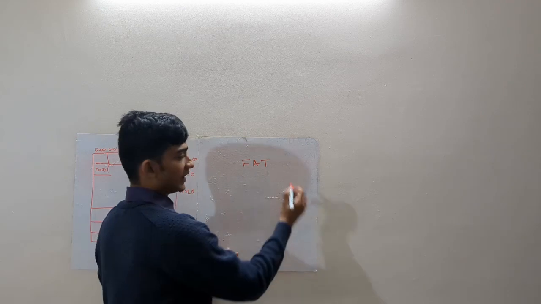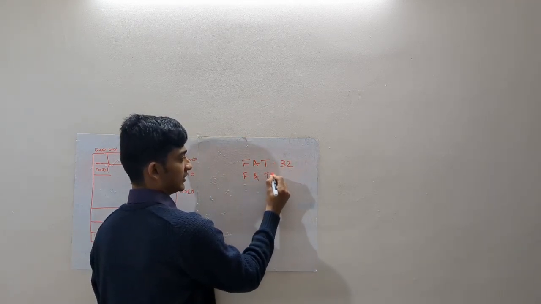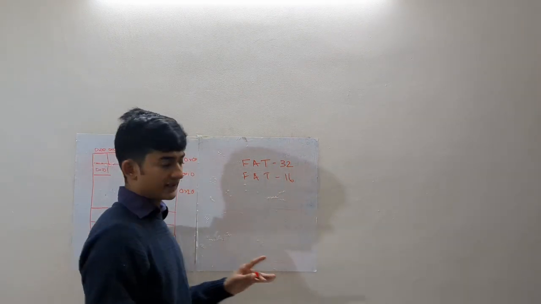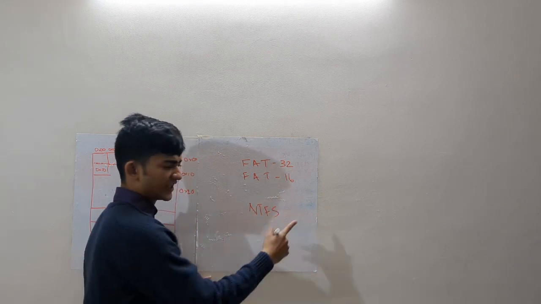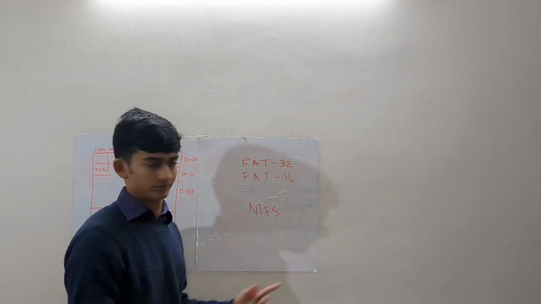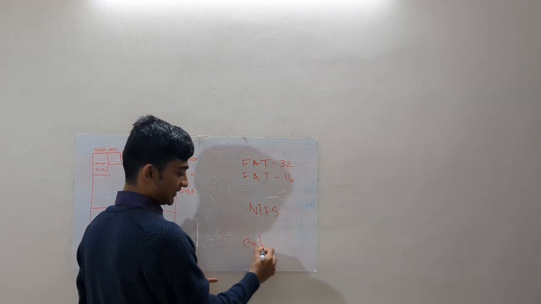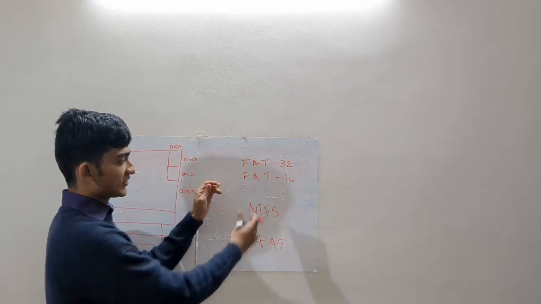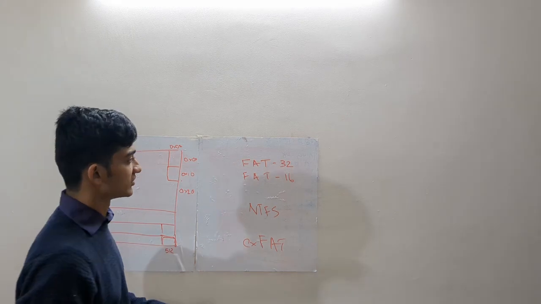It comes in different flavors, so you have FAT32, FAT16, and so on. You also have other file systems such as NTFS, which stands for New Technology File System. The namings aren't really great. Then you have something called exFAT, which is essentially the newer version of FAT to overcome its limitations.